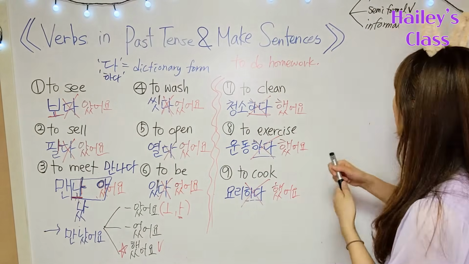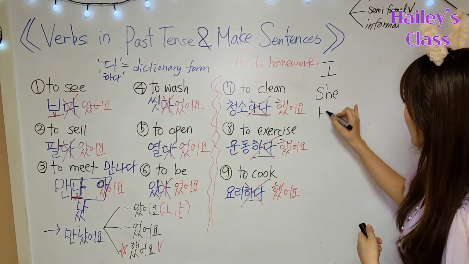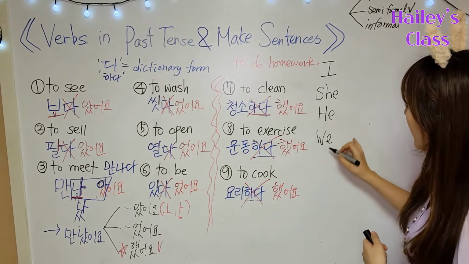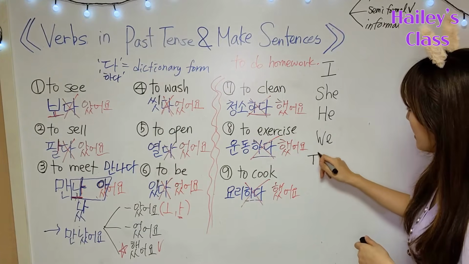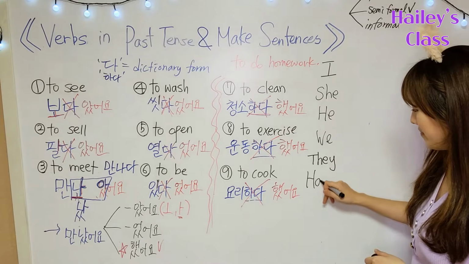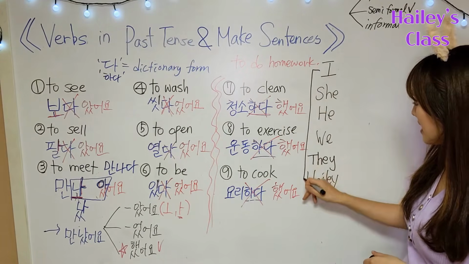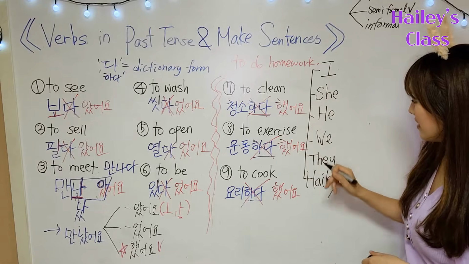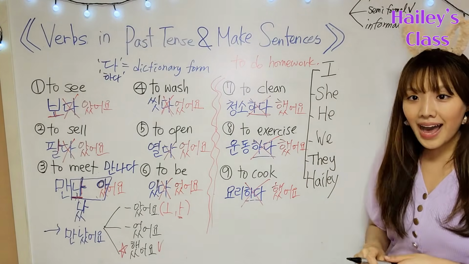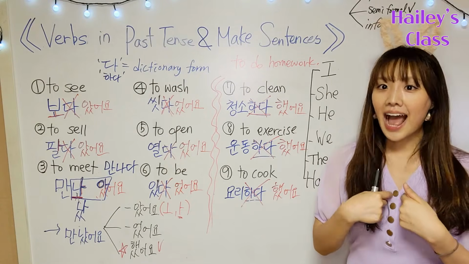So there is I, she, he, we, and they. And Hailey. We're going to make these first. In Korean, I is 나는.